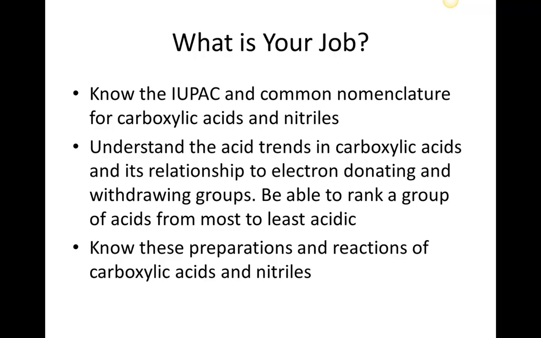So you need to know all of those. And you need to be able to figure out the acid trends in a series of molecules, which is the most or the least acidic molecule in a family. And remember, that's related to electron withdrawing groups and electronegativity effects near the carboxylic acid group.